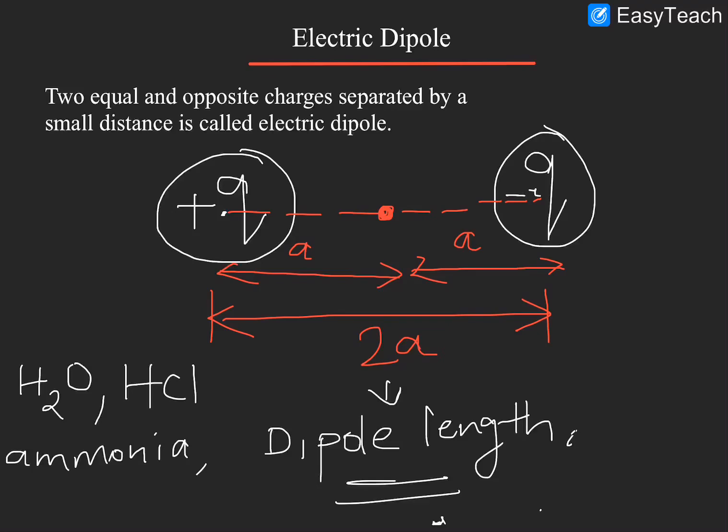All these are examples for electric dipole, because in all these cases the centers of positive and negative charge distributions are separated by some small distance. If you consider any such molecule, you can see that the positive charge center will be separated from the negative charge center by some small distance, and those positive and negative charges will be equal in magnitude.